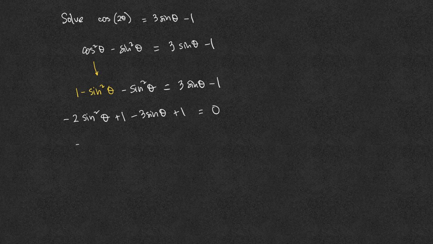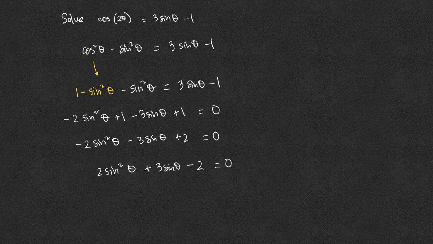Simplifying this, we have negative 2 sine squared theta minus 3 sine theta plus 2 equals 0. Since the leading term is negative, we multiply both sides of the equation by negative 1 to obtain 2 sine squared theta plus 3 sine theta minus 2 equals 0.